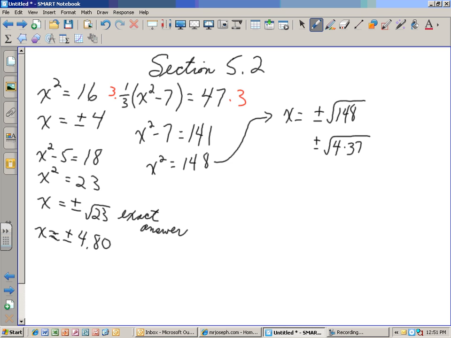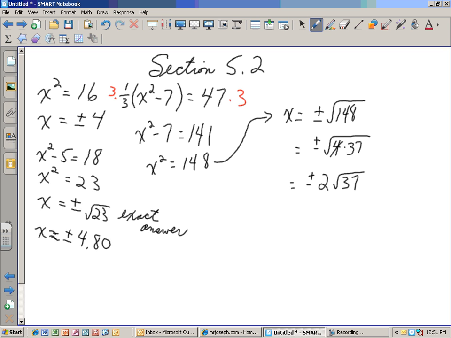Is there something that divides into 37 that's a perfect square? No, 37 is a prime number. Square root of 4 is 2. So 2 square root of 37.